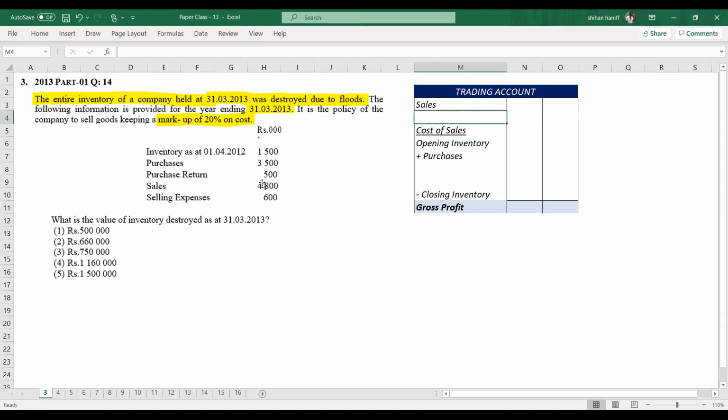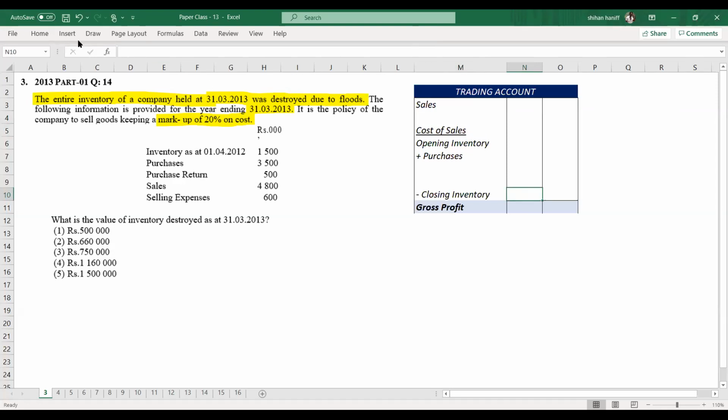You have all the information which is relevant, which is given for the trading account. The entire inventory means the closing inventory. You need to find the closing inventory of this business. So let's record whatever information they have given.